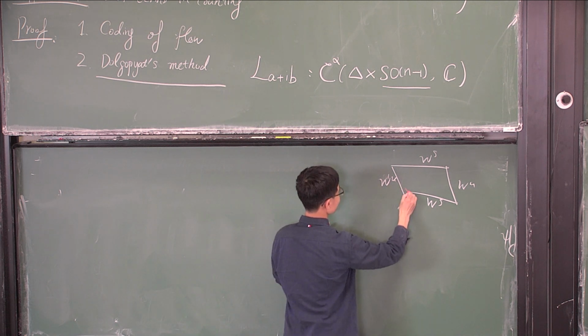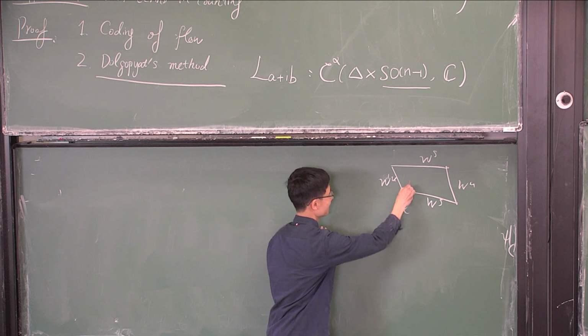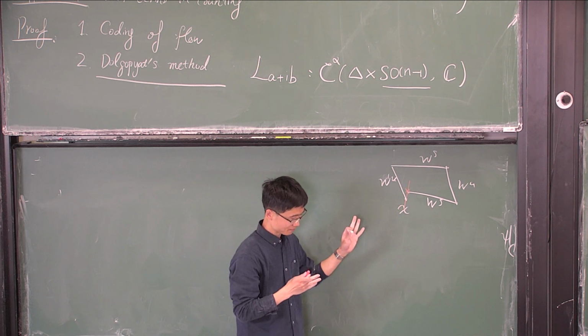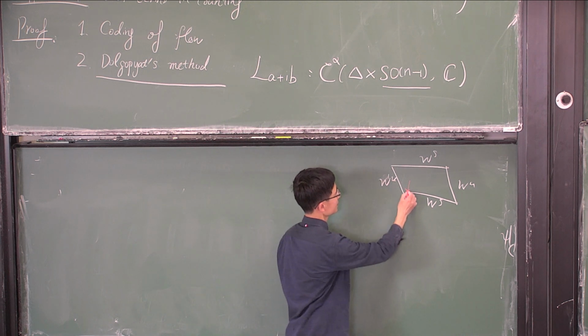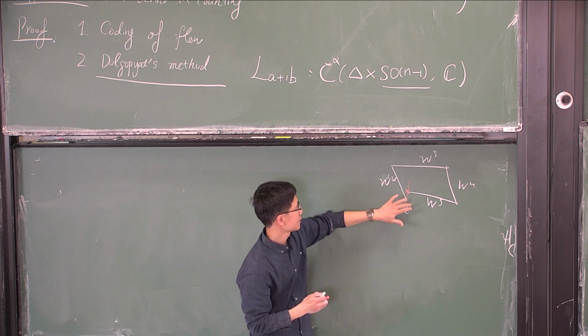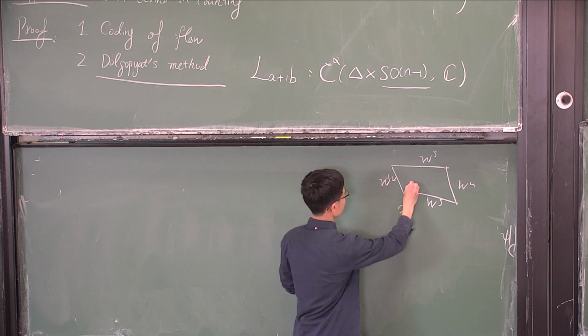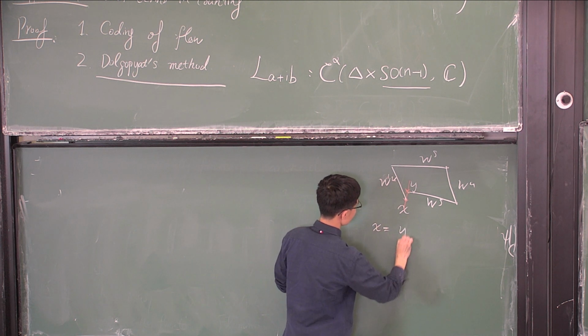And after you come back, if you go to the unit tangent bundle, you just differ in some flow direction. But in the frame case, after you come back here, you will get something y, and x will be equal to y times this.